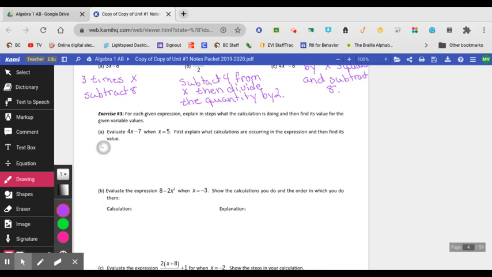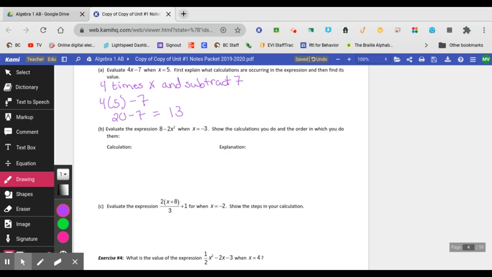So we're going to do 4 times x and subtract 7. So we're going to do 4 times 5 minus 7. So 4 times 5 is 20, minus 7 gives us 13.